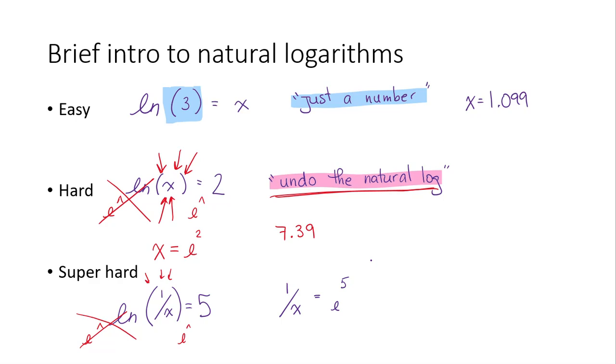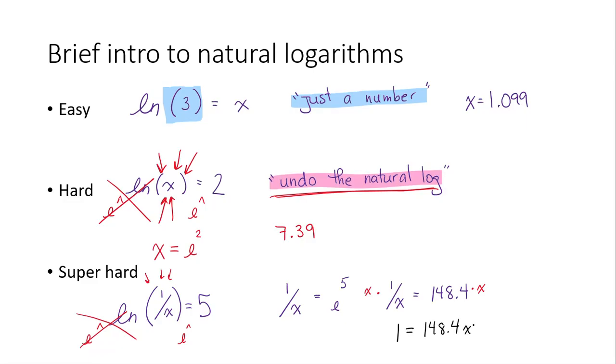E to the 5th power is just a number. So you get 1 over x equals 148.4. And now we've done this last semester. You can either take both sides to the -1. I don't care if you do it that way. But if you're like, wow, that makes no sense, what you get is 1 equals 148.4x.